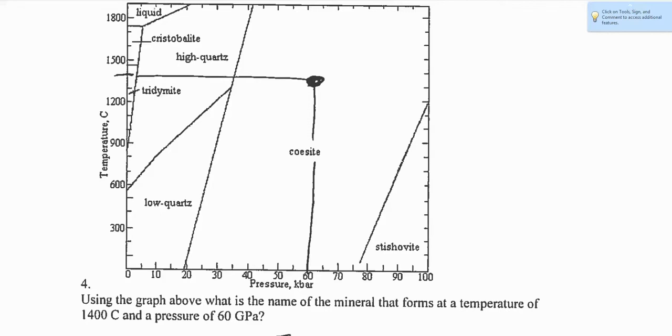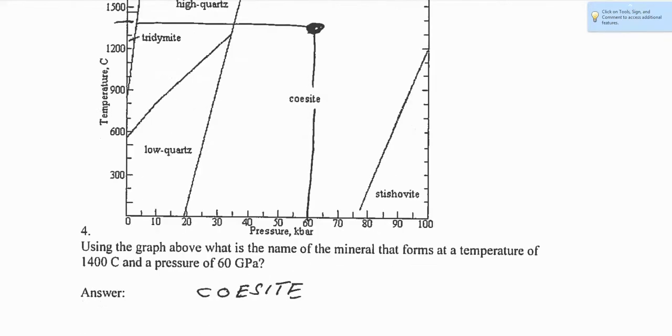So pressure here is 60. And if we go up here at 60 and 1400, we see it falls in the cosite, and that is the correct answer. And it's our typical XY graph. And you also did a couple of these in class before.